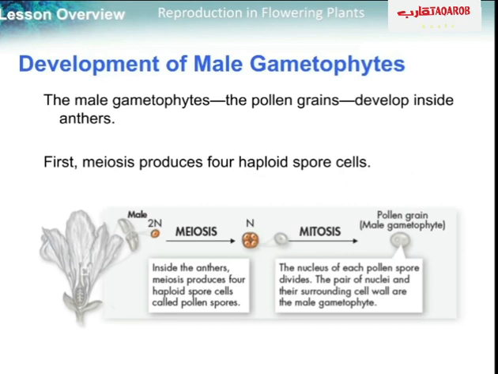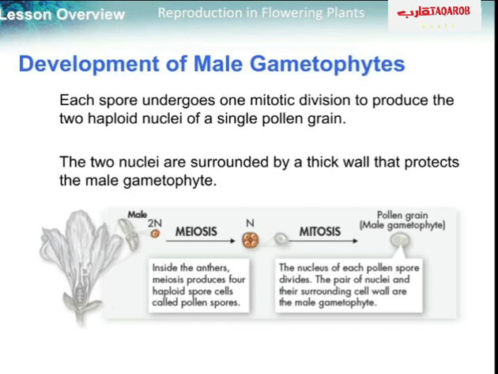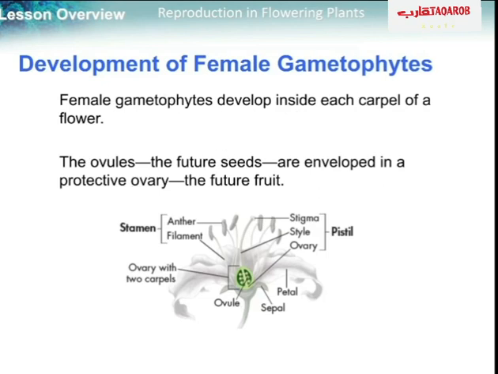Then these spore cells enter mitosis to produce the 2 haploid nuclei of a single pollen grain. The 2 nuclei are surrounded by a thick wall that protects the male gametophyte.